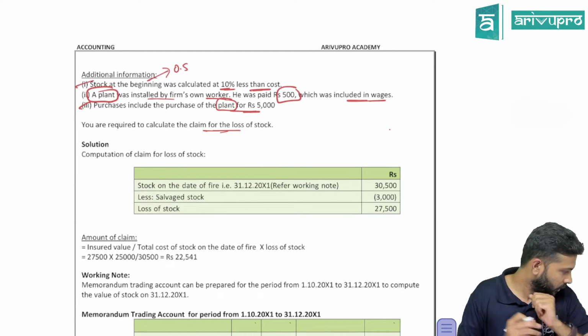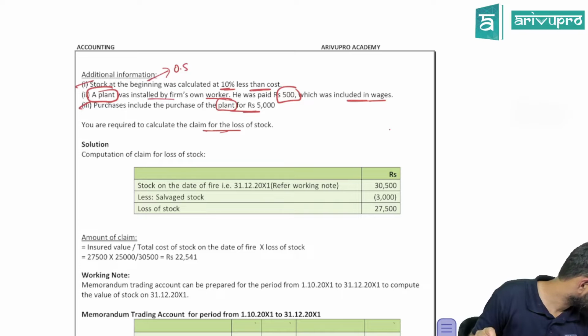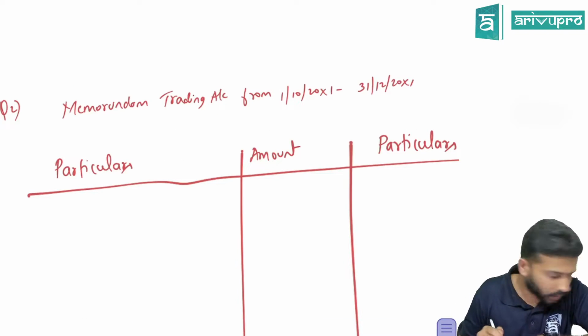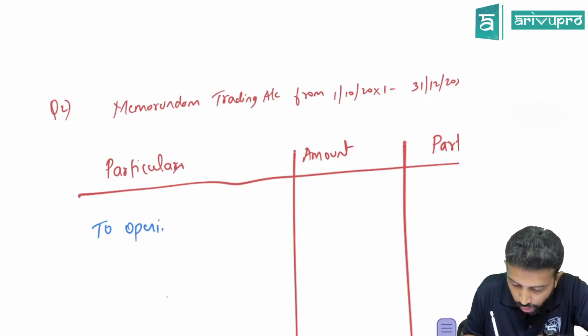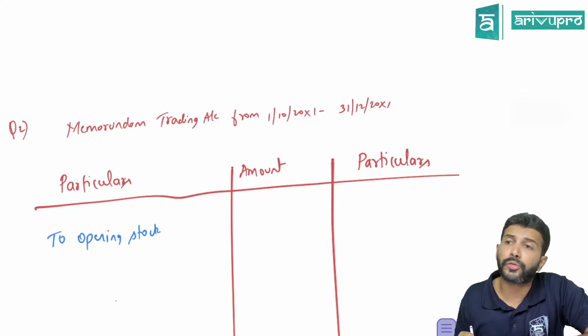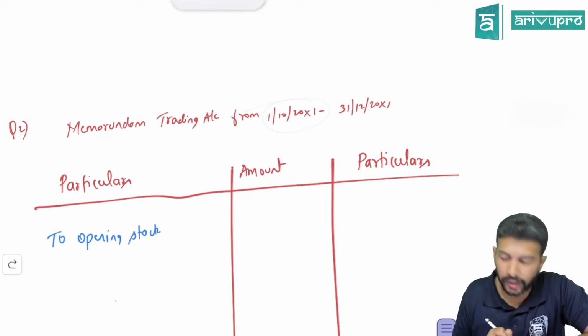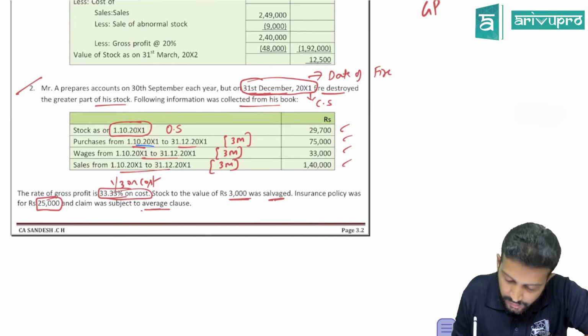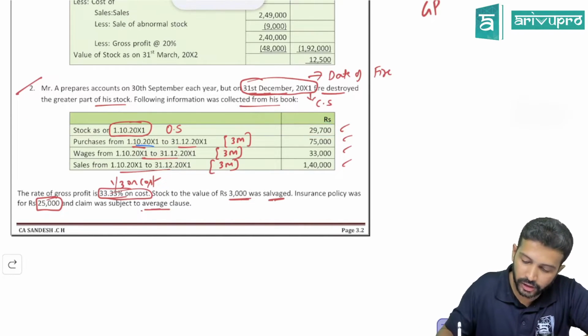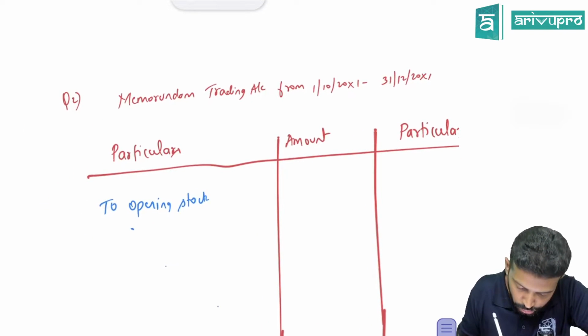Okay. So the first component of the trading account: opening stock. Opening stock means stock as on 1st April or 1st October? 1st October. Check the problem, given or missing? Given. How much is that? 29,700.